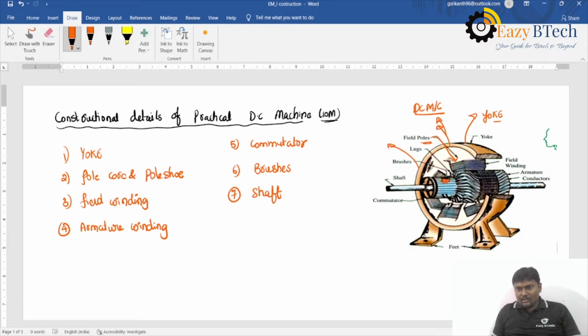This small part is called the brushes. This part is called the shaft, and this part is the commutator.